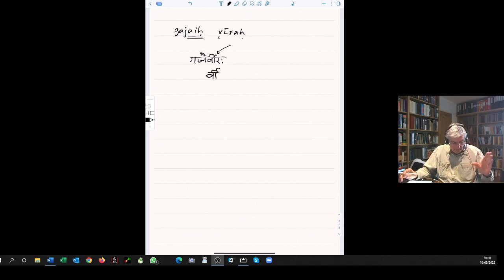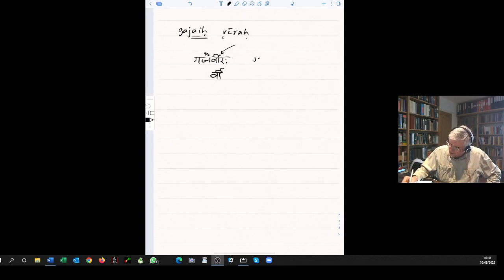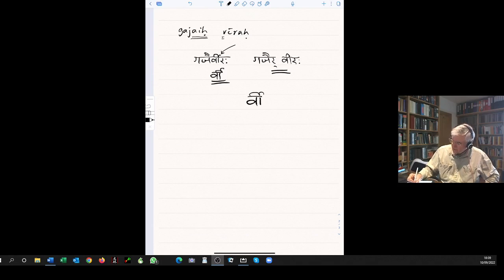Again, a pitfall that you've just got to be aware of as you read. You've got to keep your eye a tiny bit ahead to look for that r, which belongs to the preceding word. If the words were separated, which of course you can't do in Devanagari, it would be written like that: Gajair viraha. But you cannot do that. You've got to join the r to the v, and this is how it's done here. Write it large. Rvi, this is rvi. Gajair viraha.